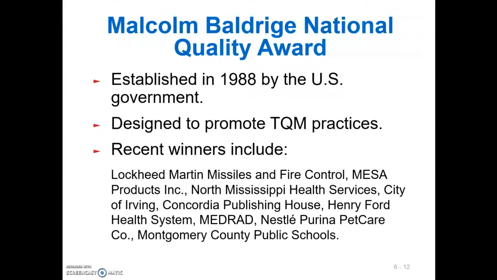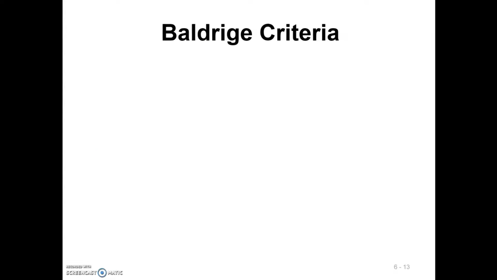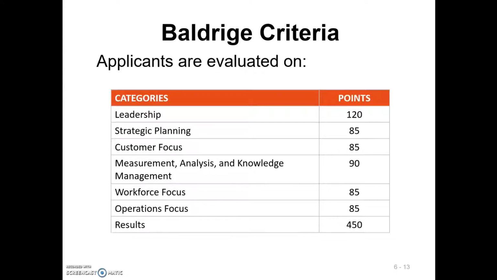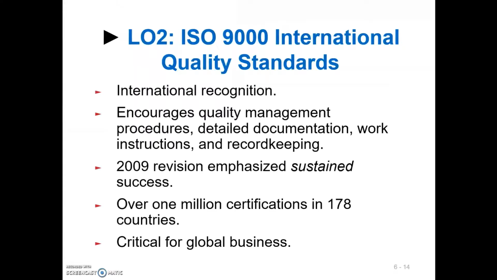So this is an example of a Quality Achievement Award, the Malcolm Baldrige National Quality Award. It was established in 1988, and there are several criteria that are evaluated. So here are the criteria. The next slide here shows us about ISO 9000 International Standard, where this is an international recognition.